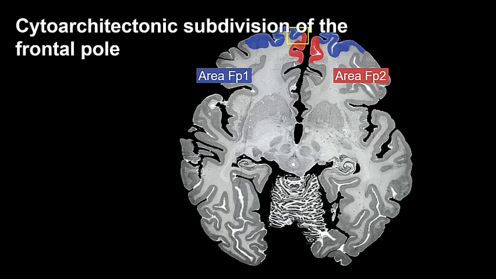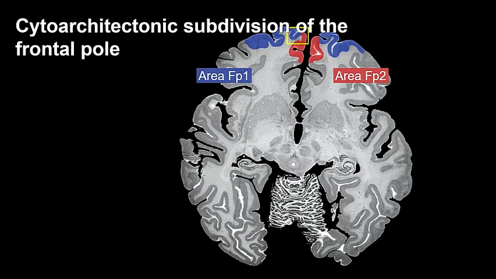There's another aspect that is important when we think about cytoarchitectonic segregation: we cannot base our knowledge only on visual inspection. This is true not only for cytoarchitecture, it's true for any mapping approach. We need to identify quantitative criteria that help us to reproducibly identify cortical areas. We did this, for instance, in the frontal pole.